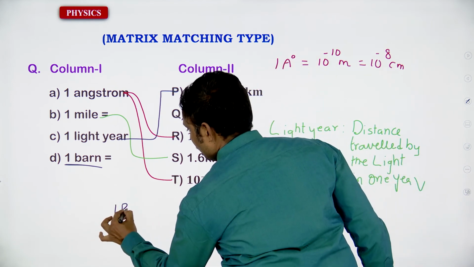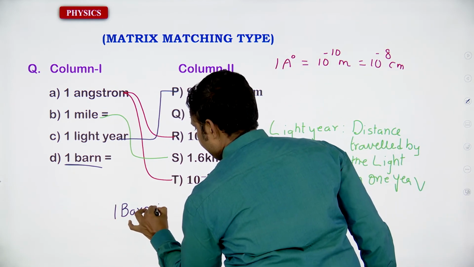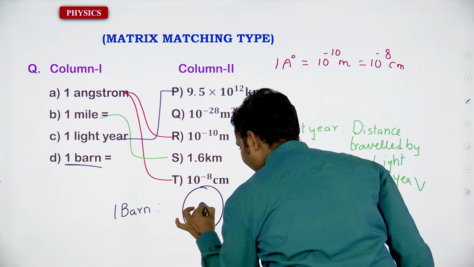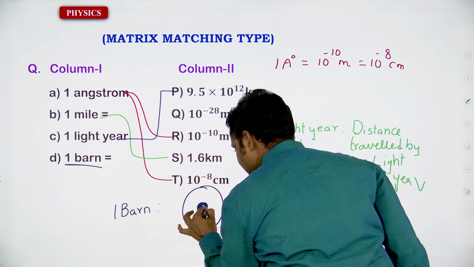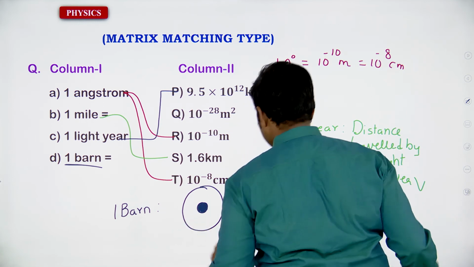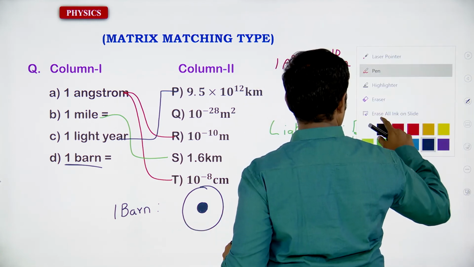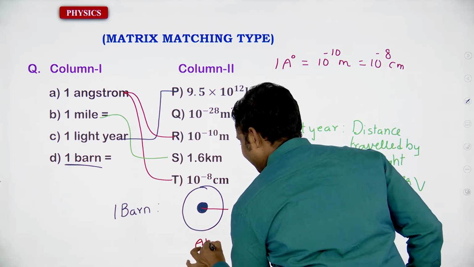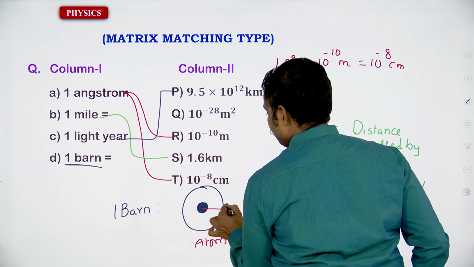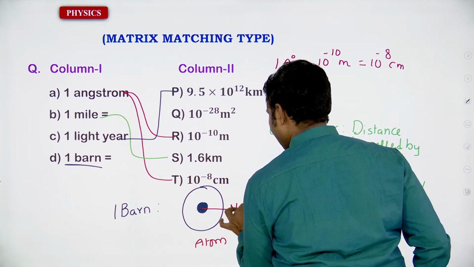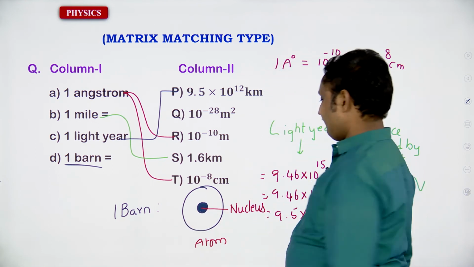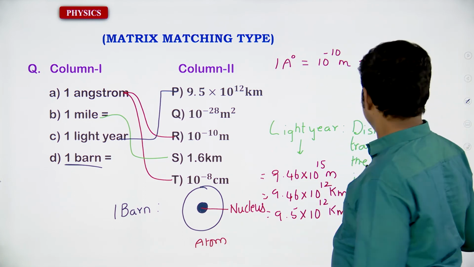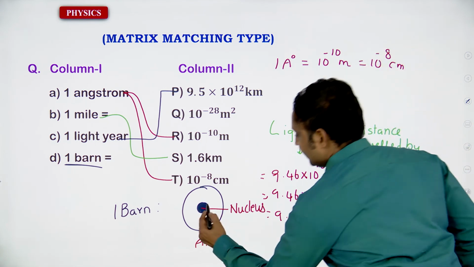Yes, 1 barn. If we are going to take this one, this is going to be the atom, this is going to be the nucleus. Yes, the nucleus cross section area, you have to take this one.